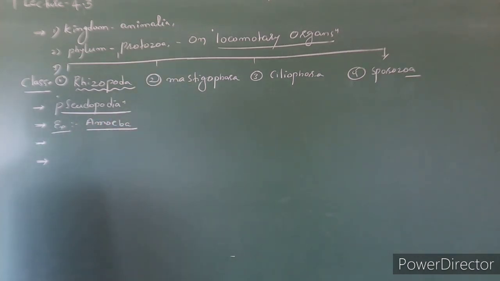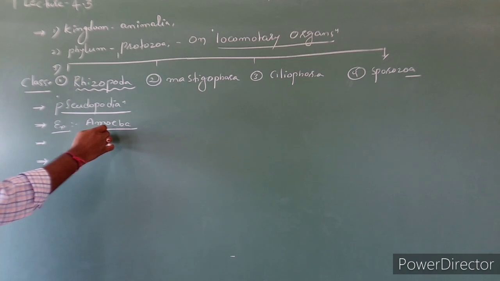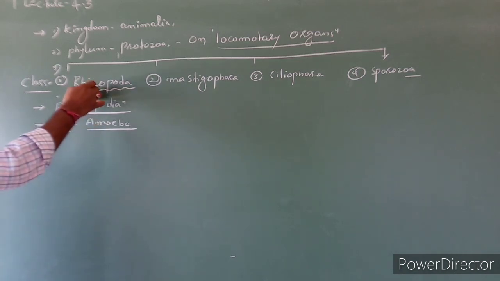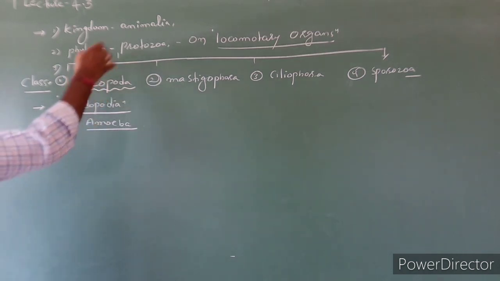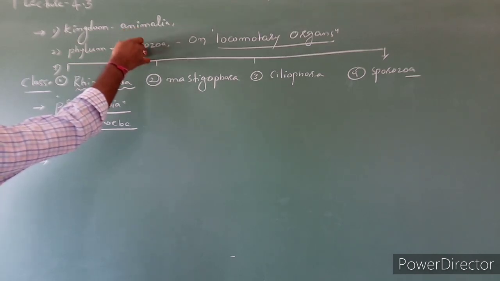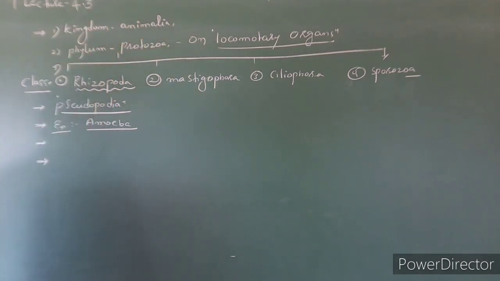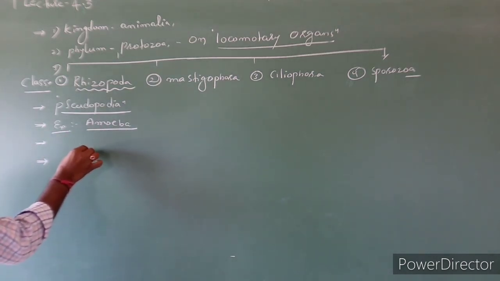Amoeba is the best example. So this amoeba comes under which class? Rhizopoda class. This Rhizopoda comes under the Protozoa phyla, and the Protozoa phyla comes under the animal kingdom. Clear? Next.